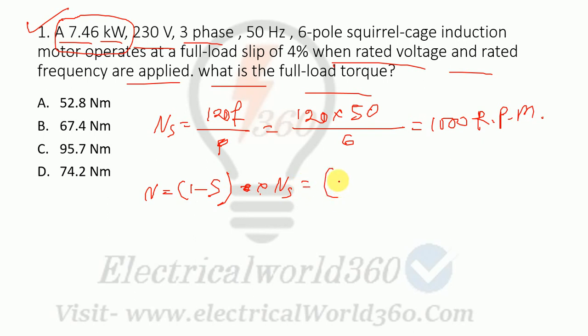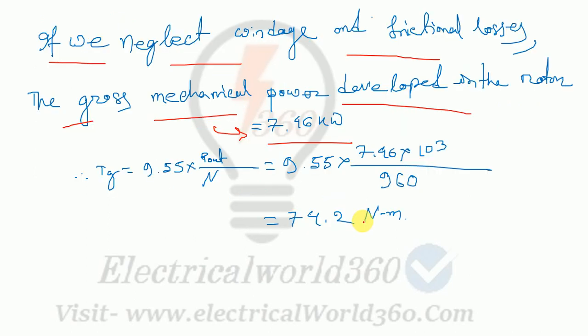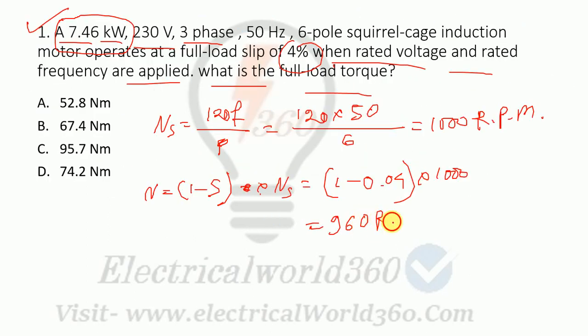The slip is 4%, so it is 0.04, and the synchronous speed is 1000. After solving this, we will get 960 rpm, and this is the rotating speed.